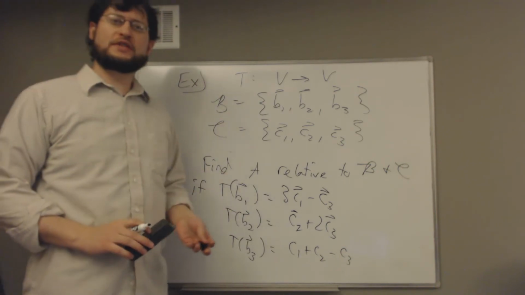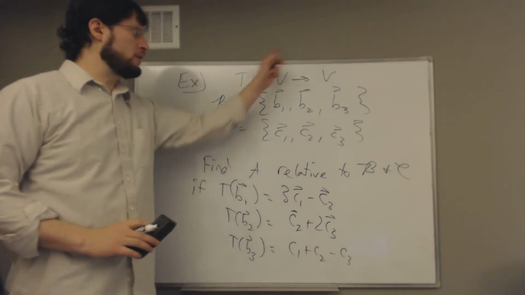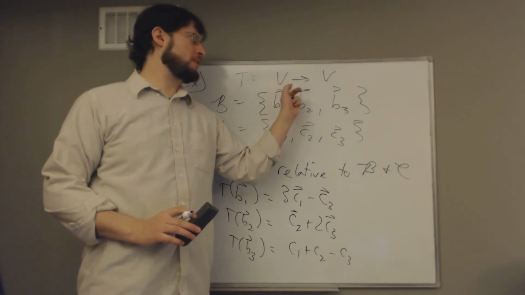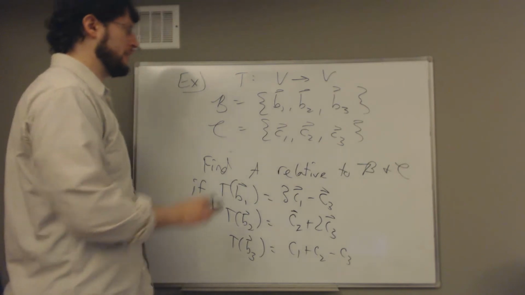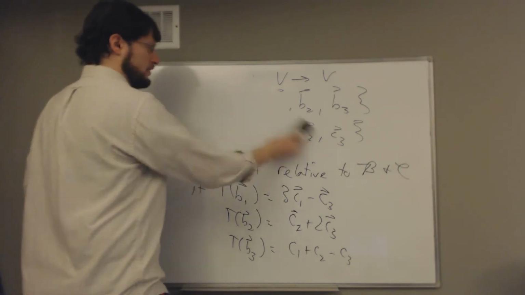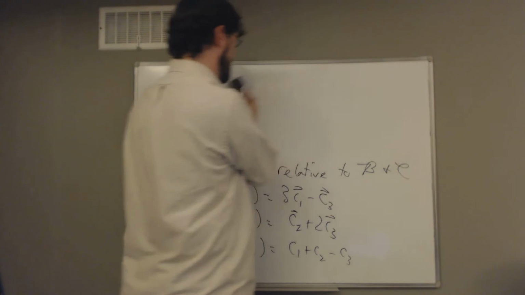Again, this is not much different than the one we just looked at before. The only difference is that we're moving from a single vector space to itself using two separate bases for that same vector space. Now, working out the answer is the same.